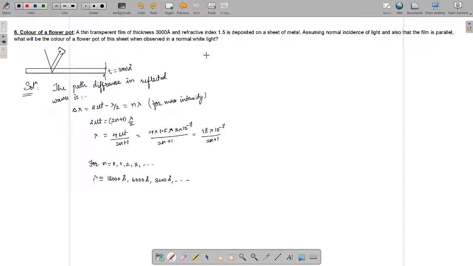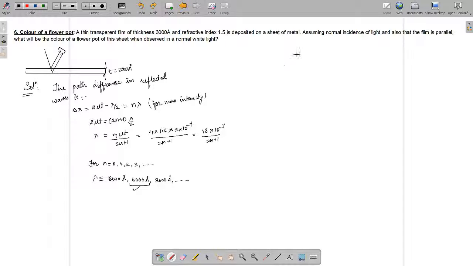Now we want the interference for normal white light, so we need to find out the wavelengths which are in the range of white light. So 3600 angstroms and 18,000 angstroms are not in the range of white light, but only 6000 angstroms is in the range of white light. So we can say that for this wavelength, the intensity will be maximum.